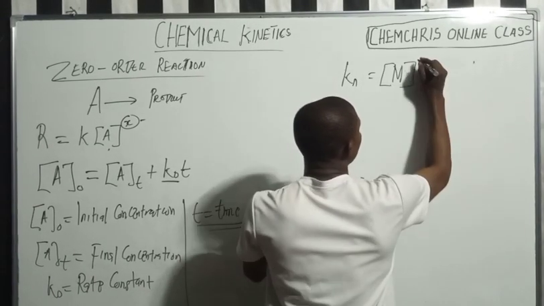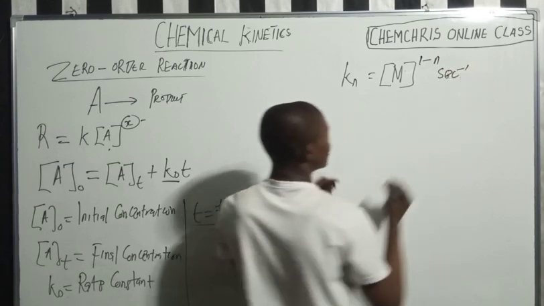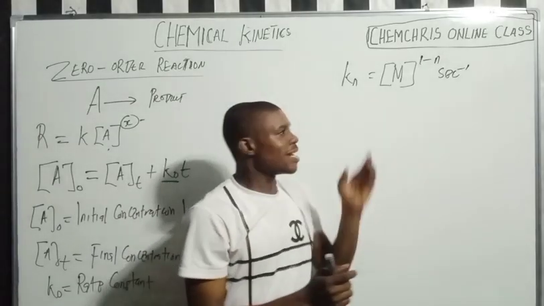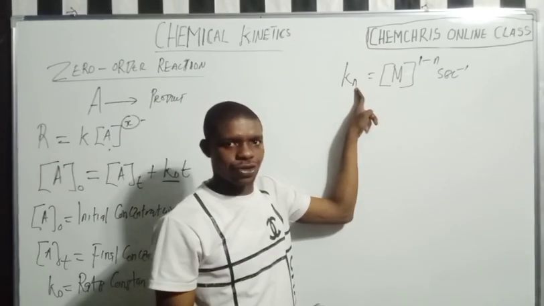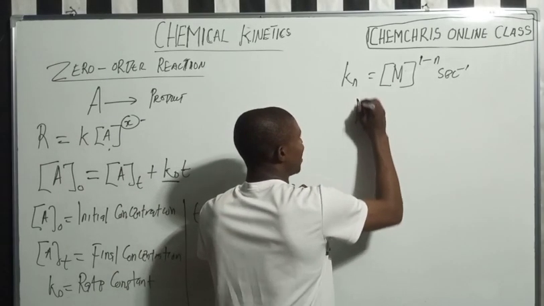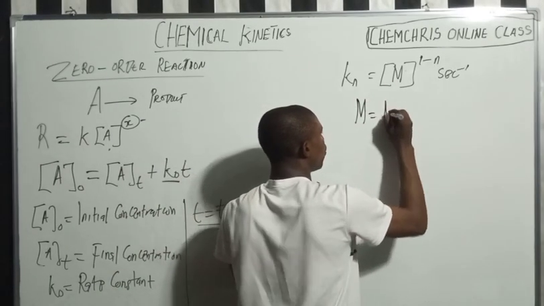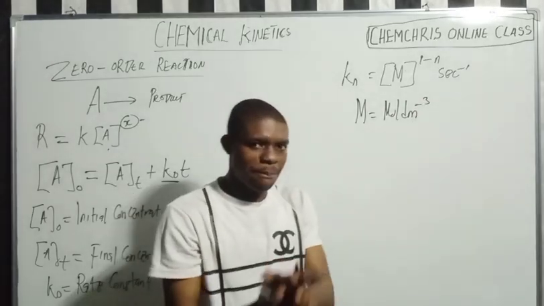So it's going to be molarity to the power 1 minus n per seconds. Can you see that? Now this one is the rate constant, and n means the order of the reaction. Do you get that? Remember, capital M is also the same as mole per dm cube, also the same as mole per liter.